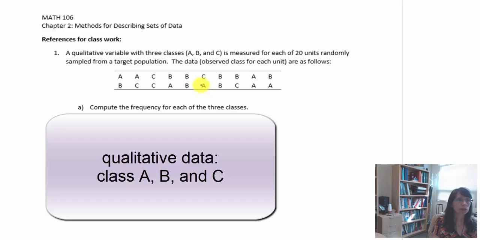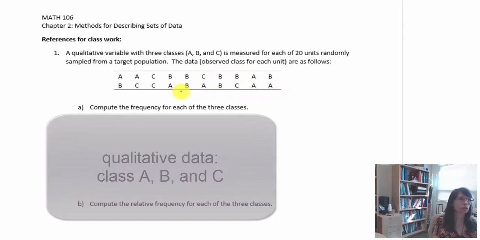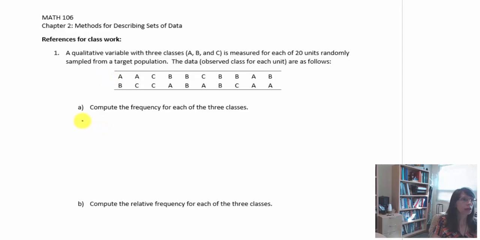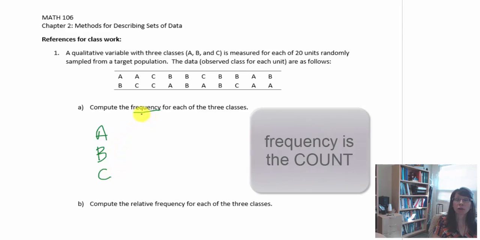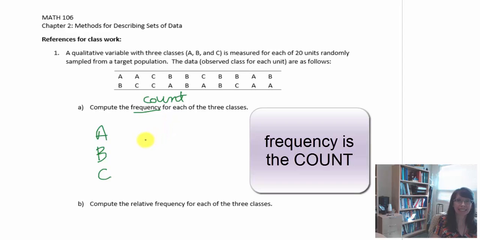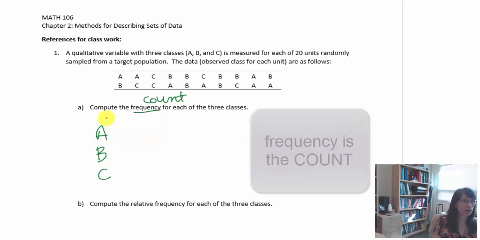The data, which is our observed class for each unit, are as follows. For part A, compute the frequency for each of the three classes. So I've got class A, B, and C. And frequency is simply the count. So all I do is go back to the data set and count how many A's are given.